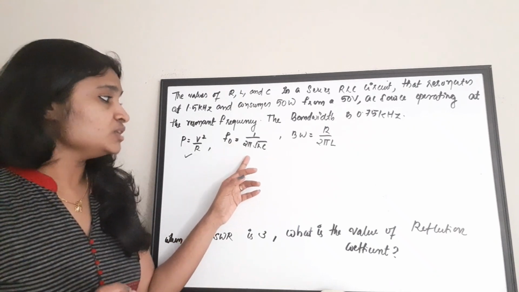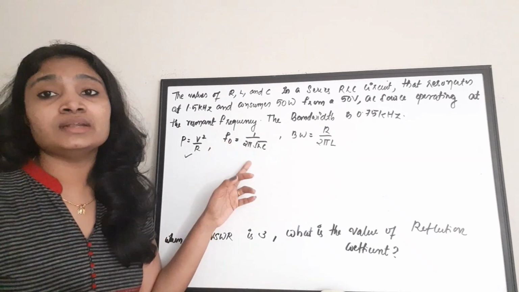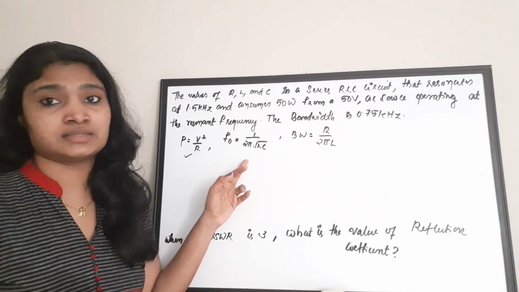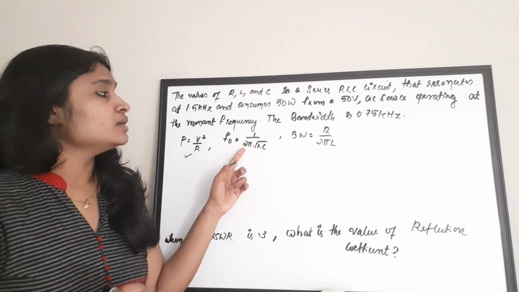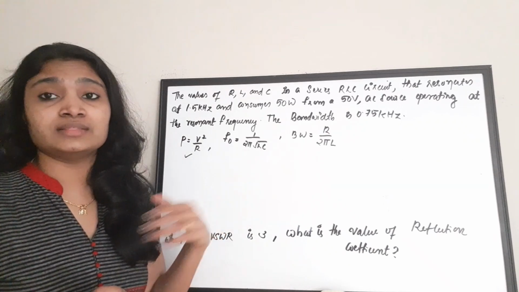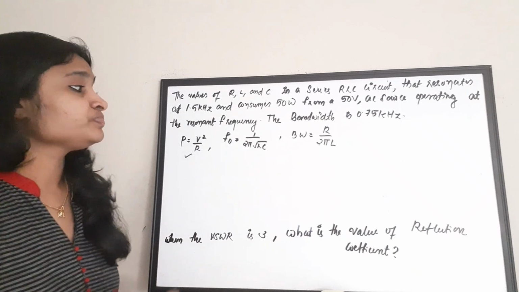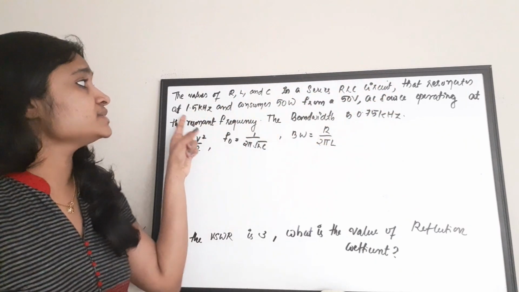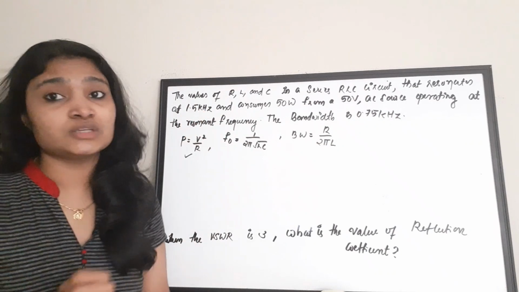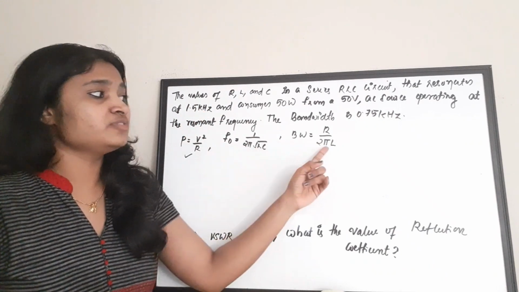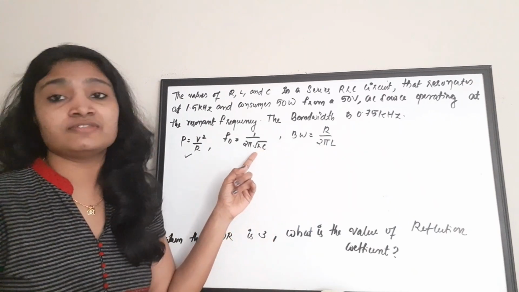For that you can use the equation for the resonant frequency F0, in hertz: F0 is equal to 1 by 2 pi square root of LC. Here it is given that it resonates at 1.5 kilohertz, so F0 is given, and L will be obtained from the second part. Hence you can find the value of C.